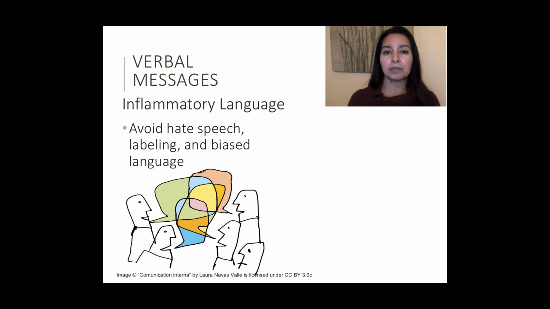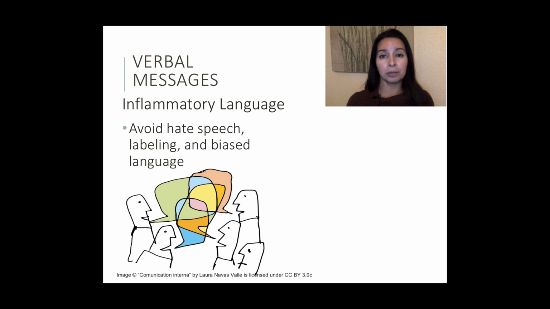Hate speech uses offensive words to deride a person or group. This language offends, it threatens, insults, and it does so based on a person's race, religion, gender, or other identifiable characteristics.